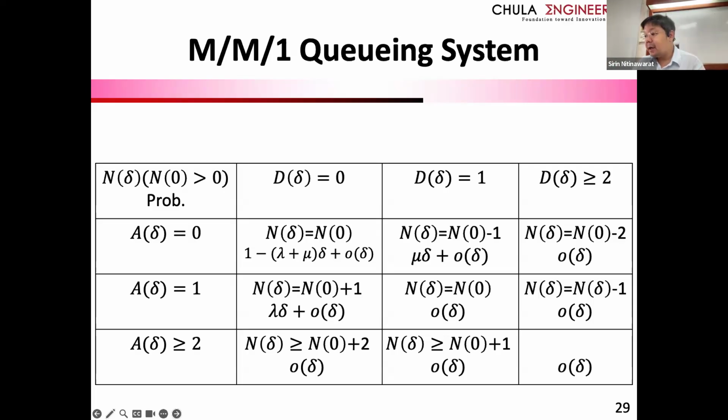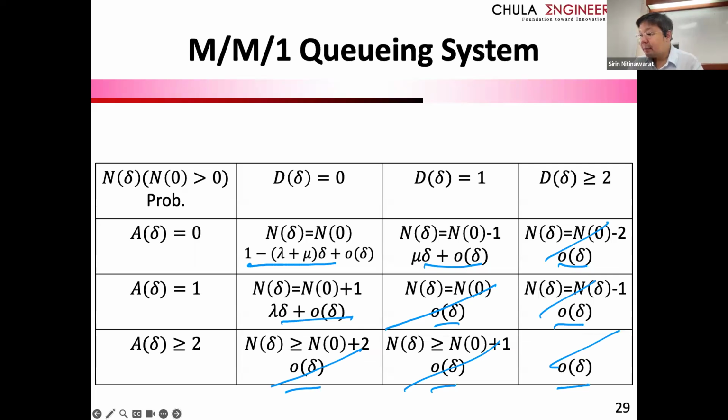Remember, these are the probabilities. Which ones are dominant? The terms that are not sublinear. This is sublinear, this is sublinear, and so on.